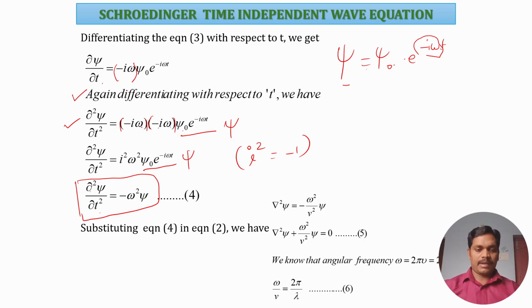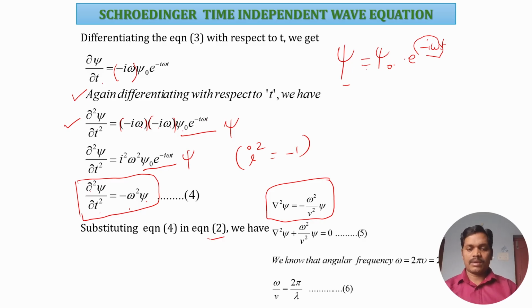If you substitute this equation 4 in equation 2, we can see that equation 2 becomes ∇²ψ = -(ω²/v²) ψ. The simple concept is that in the previous derivation, instead of ∂²ψ/∂t², we substitute -ω²ψ.